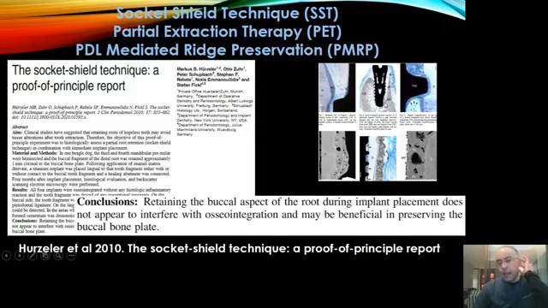They concluded, and in some human cases as well, that retaining the buccal aspect of the root during implant placement does not appear to interfere with osseointegration and may be beneficial in preserving the buccal bone. So they are confirming what we know, but they are bringing to the table something that is becoming so interesting.